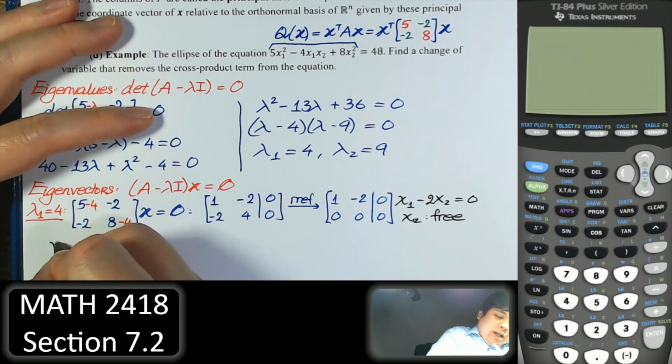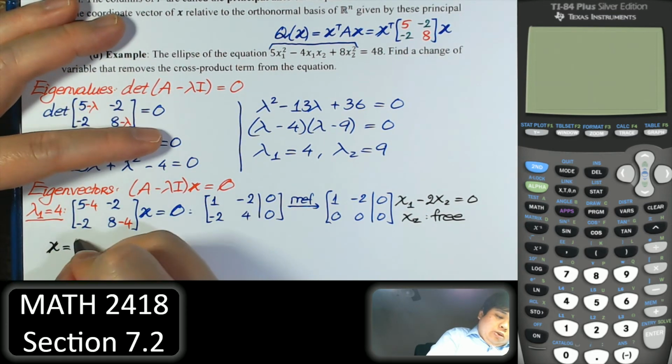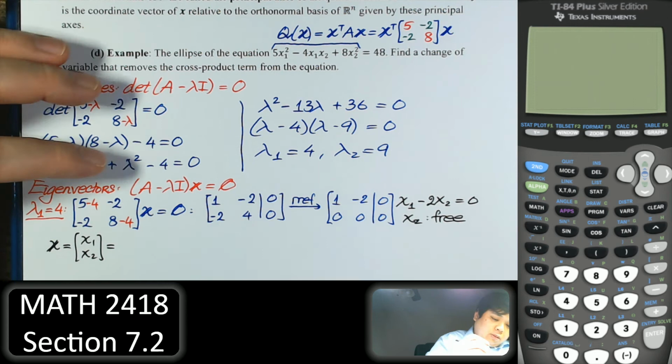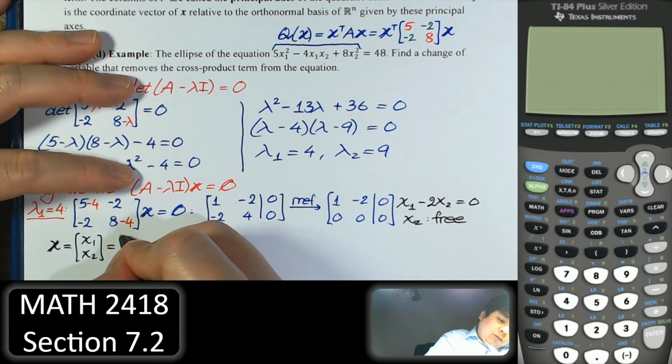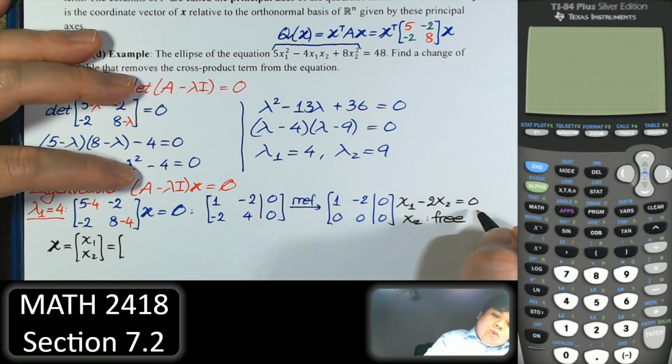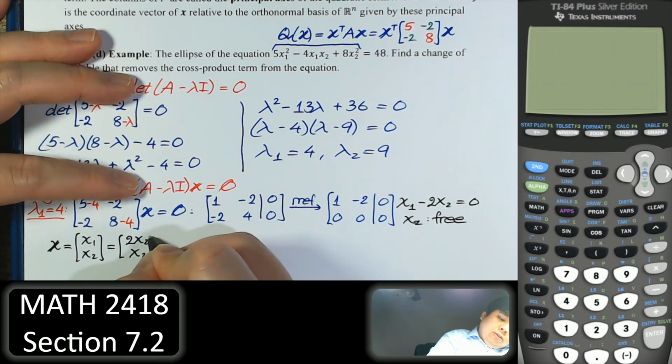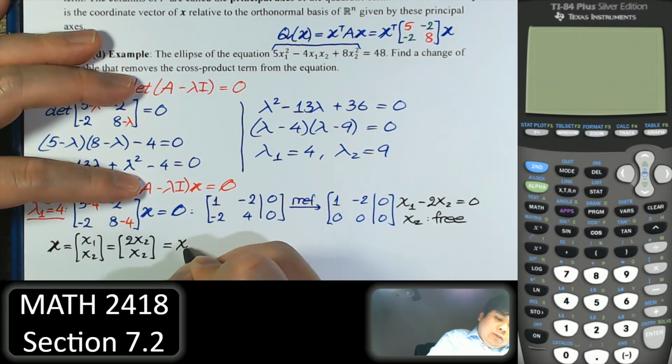So in this case, x1 is 2 x2, so x equals x2 times 2 and 1.